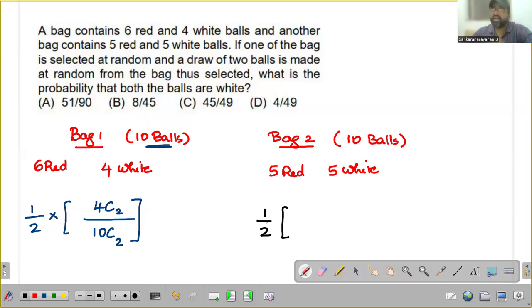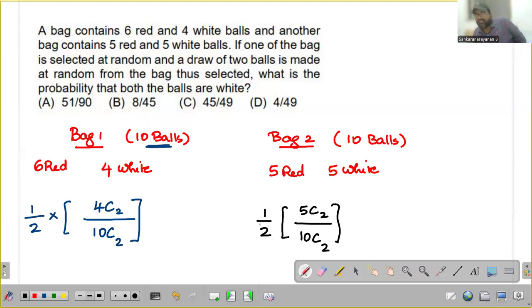After selecting bag number 2, there are 10 balls in that bag. You are selecting 2 balls. The number of ways you can do it is 10C2. And in that 10C2, both of them being white, it is 5C2. So the probability is 5C2 upon 10C2. It comes like this. Okay.